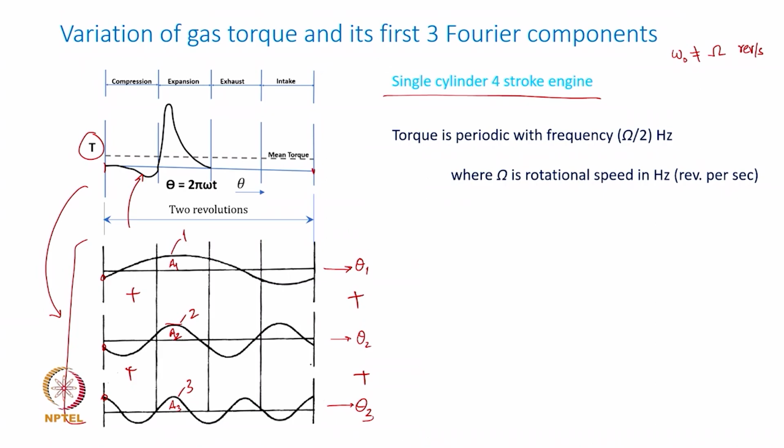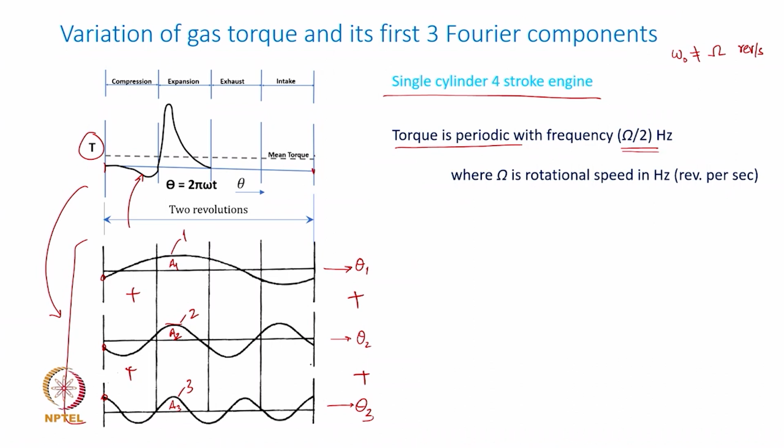In IC engine, it is the rotational speed that is important. In any rotating system, we always take that as a reference, like the rotational speed as the frequency. So, in our case, the torque is periodic with a frequency half of the rotational frequency. Okay.